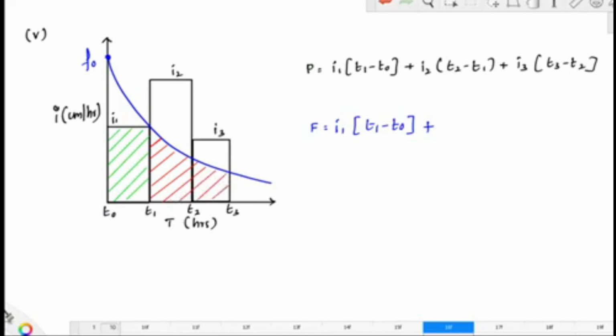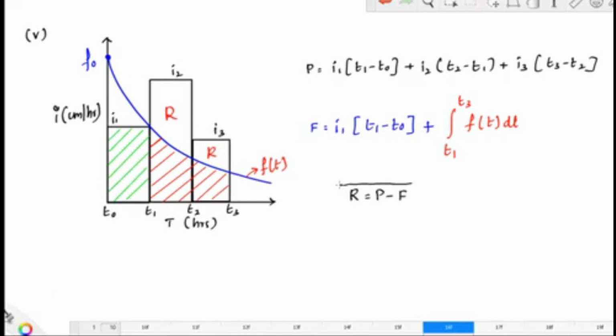To find that, you have to integrate the equation f of t with respect to dt, substituting the limits from t1 to t3. This will be your f of t equation for Horton's curve. Finally, the area above this is nothing but runoff. So runoff R will be equal to P minus F.